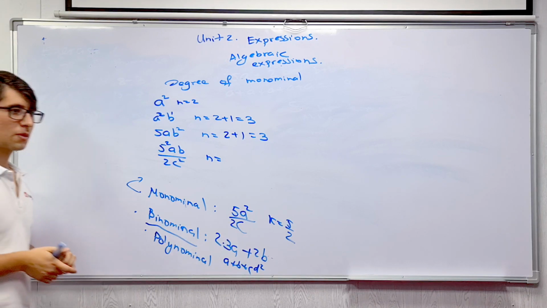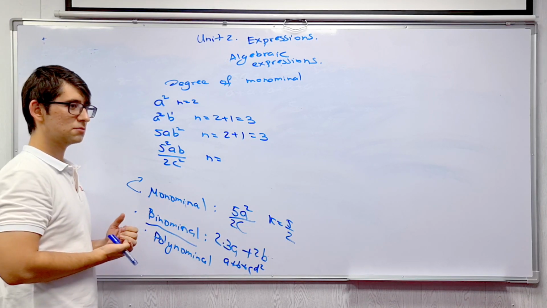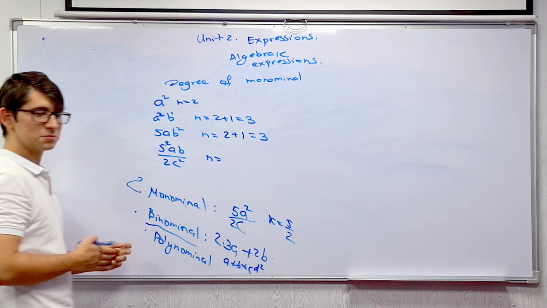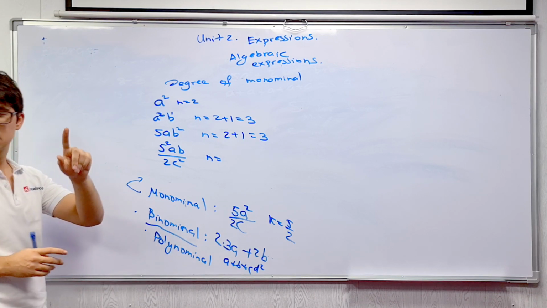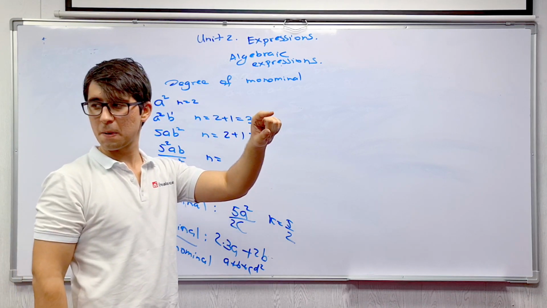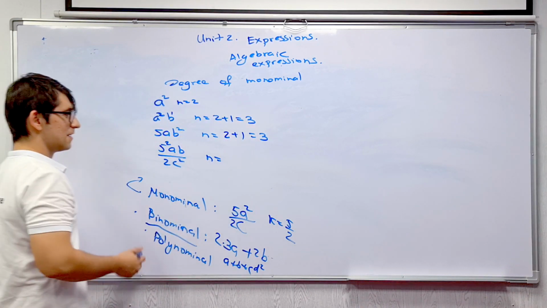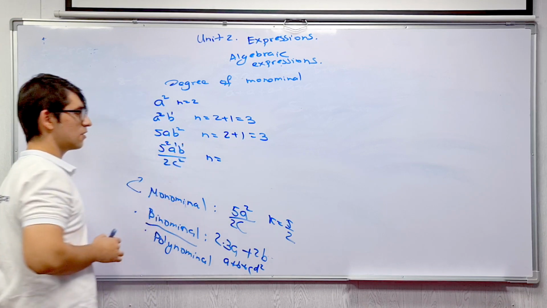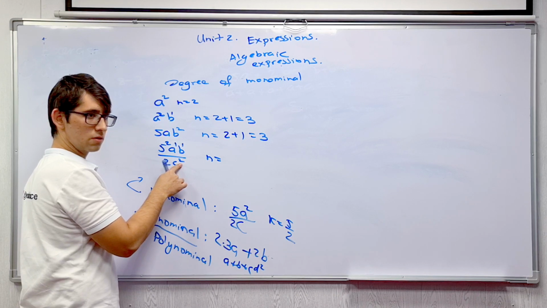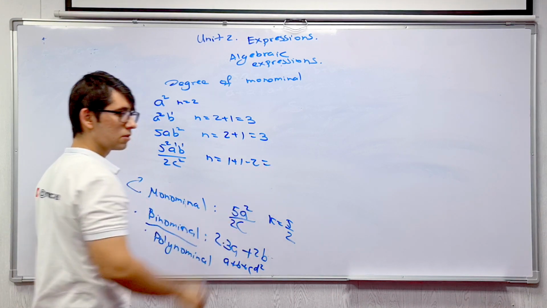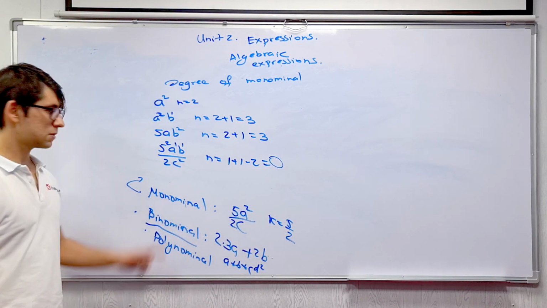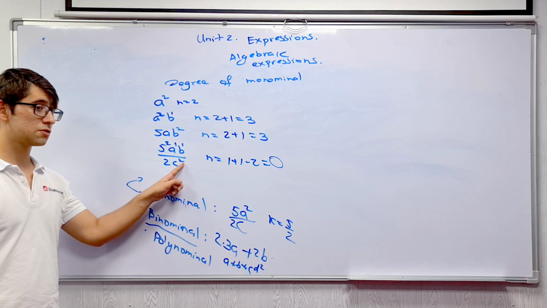Since the numerator has powers 1 and 1, and the denominator has power 2, when letters are divided we should subtract the powers. So you either add or subtract the powers: 1 plus 1 minus 2, which is equal to 0.